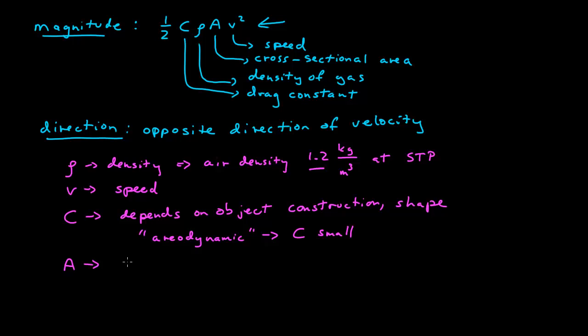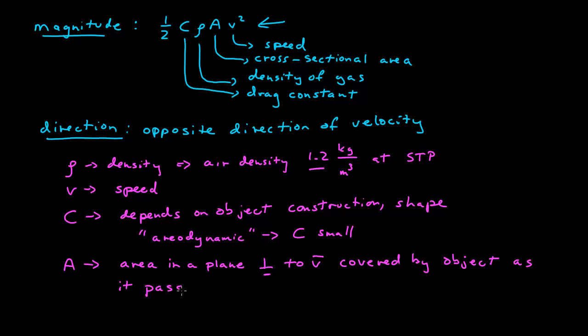The cross-sectional area is the area in a plane perpendicular to the velocity, covered by the object as it passes through the plane.